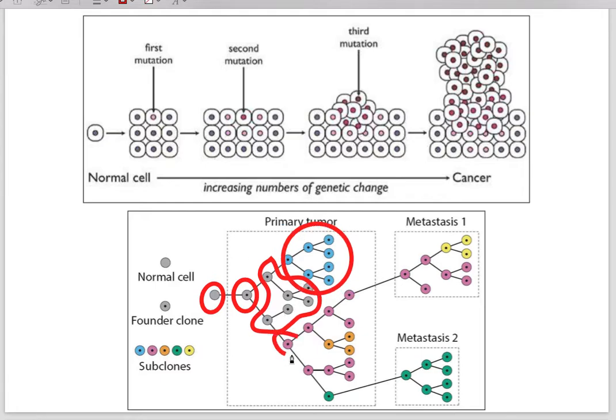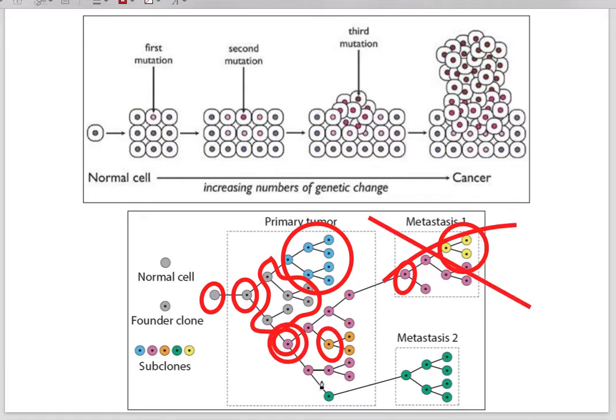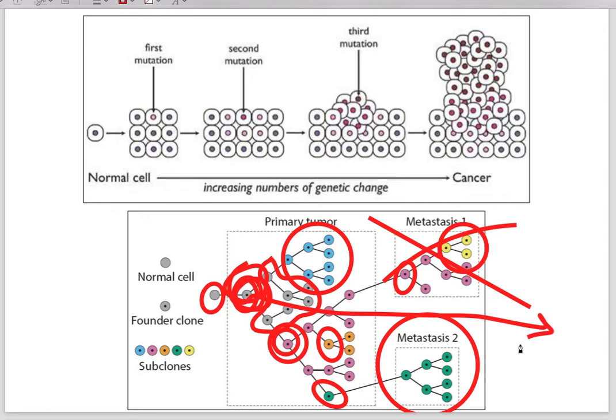But eventually you get progressive mutations that lead into some kind of really bad cancer, like this full one right here. Sometimes we can eliminate this, but the problem is that it can start from here again, go here, and you have a completely new metastasis that we have to handle a completely new way. Worst part is that sometimes things can come right back to this original founder cell and then go off and make some new terrible thing.